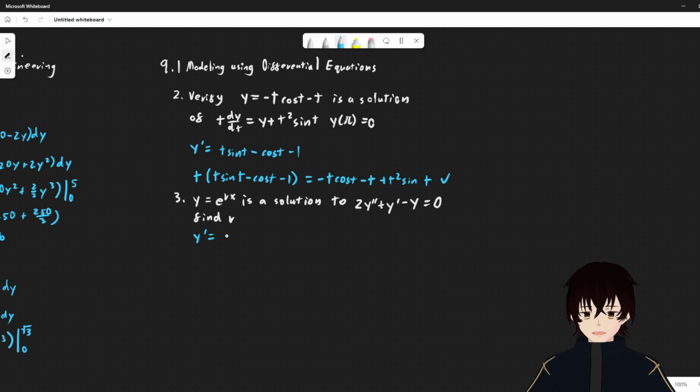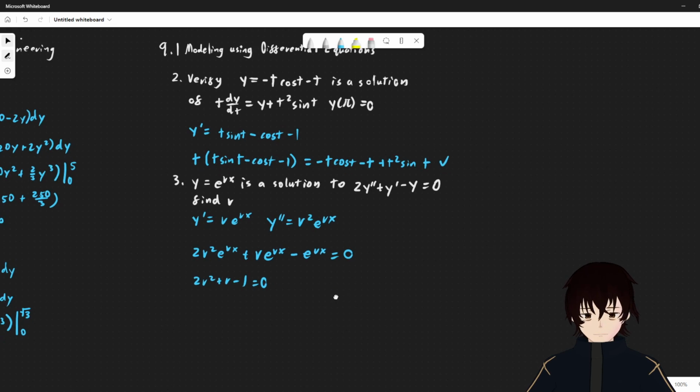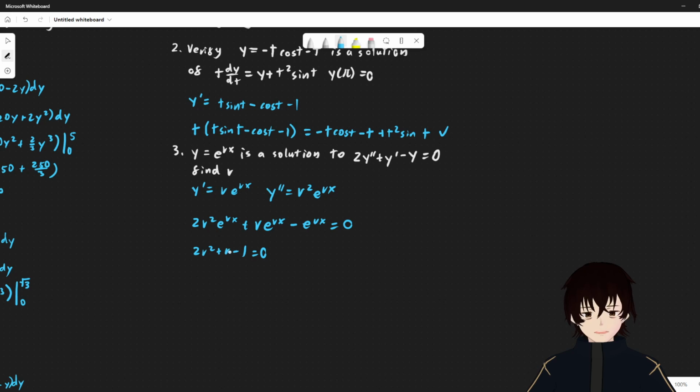Because y prime is going to be equal to r e to the power of rx. Y double prime is going to be equal to r squared e to the power of rx. So 2r squared e^(rx) plus r e^(rx) minus e^(rx) is equal to 0. So 2r squared plus r minus 1 equals 0, because e to the power of something is never 0.